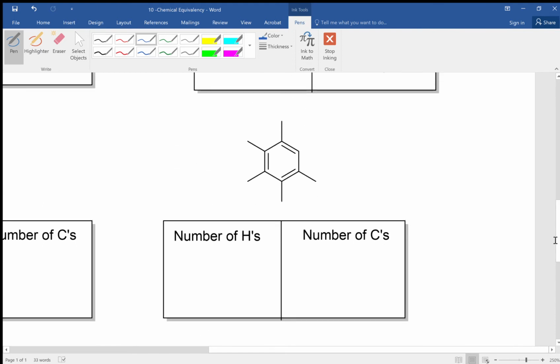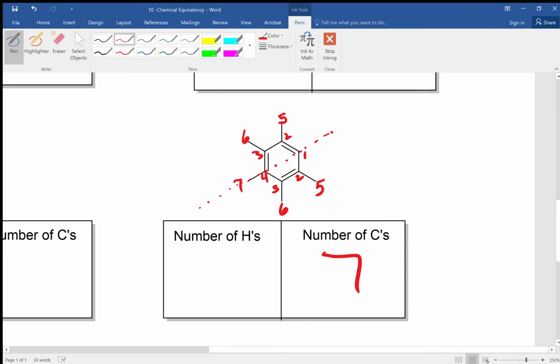All right, moving down to this example, again we can see this molecule is symmetric here. So we can start numbering the different carbons. Anything that I've labeled with the same number, so for example these 2 5s, are equivalent.